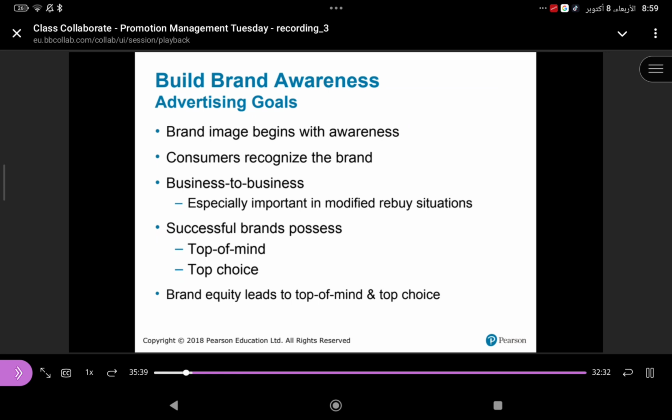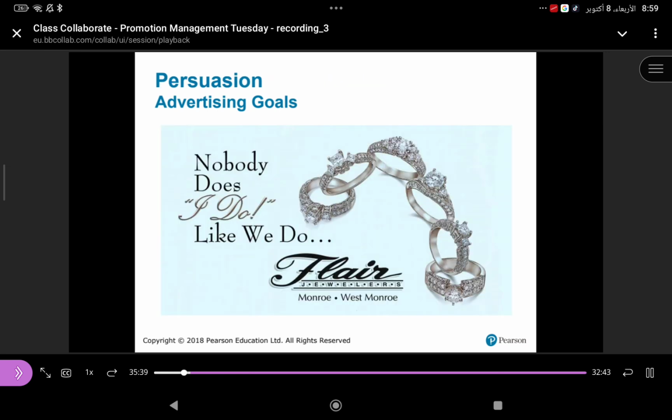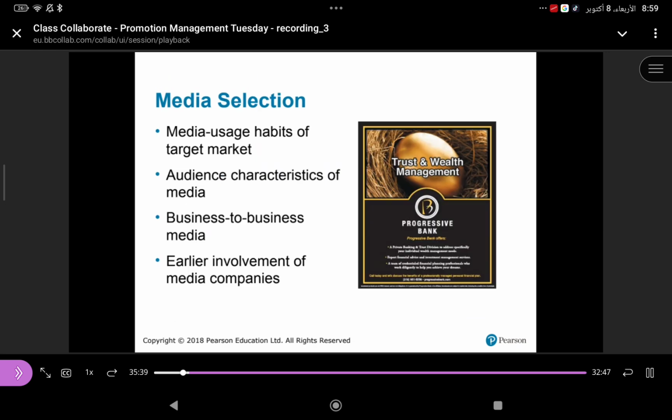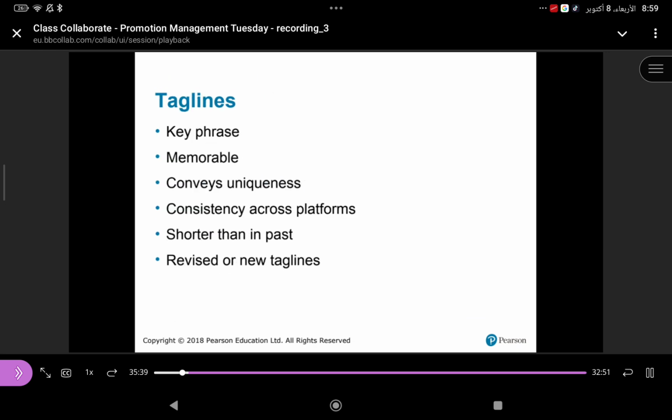So these are the explanations of building the brand awareness and goals, how consumers recognize the brand. These are some examples from the market. Then comes the importance of tagline.